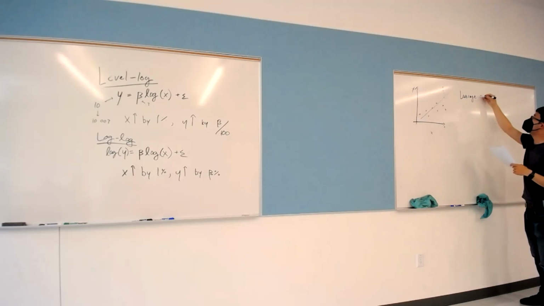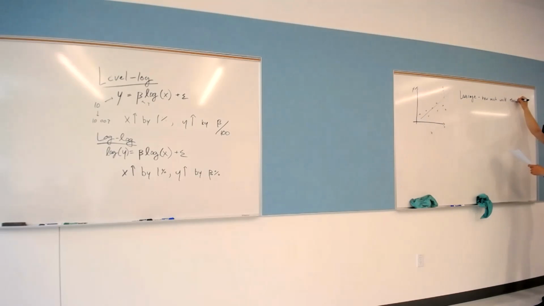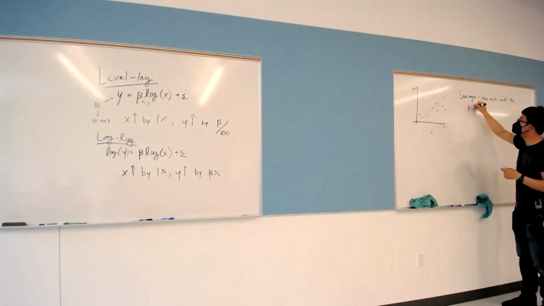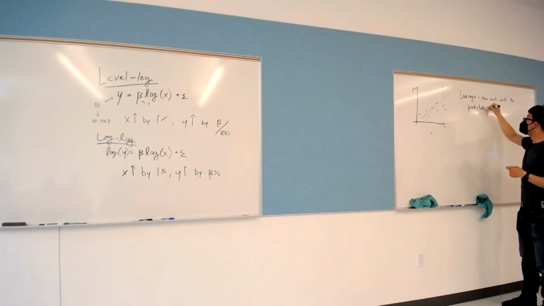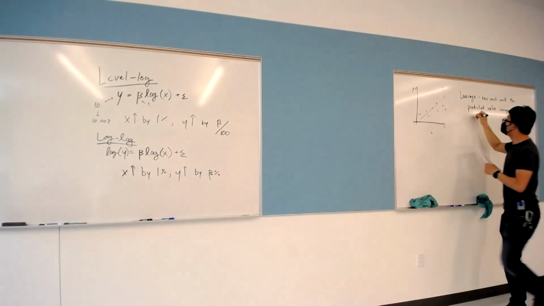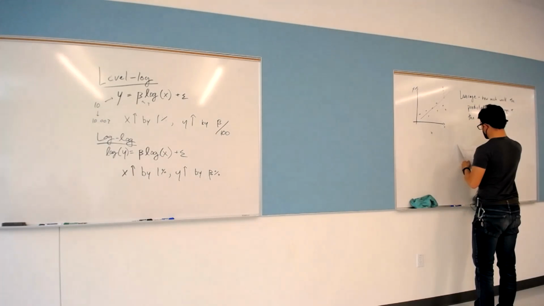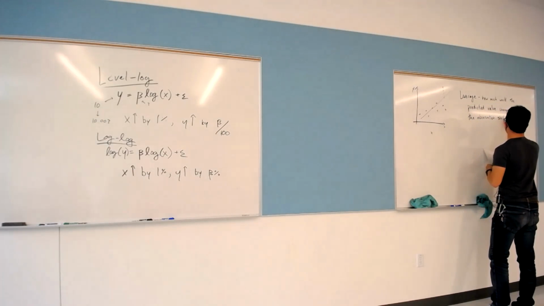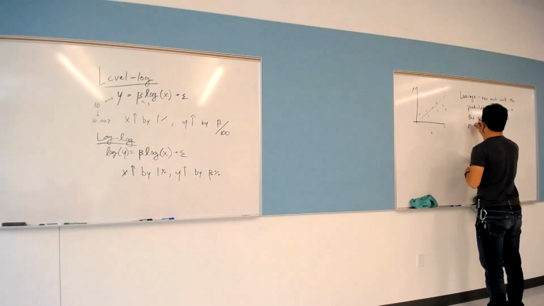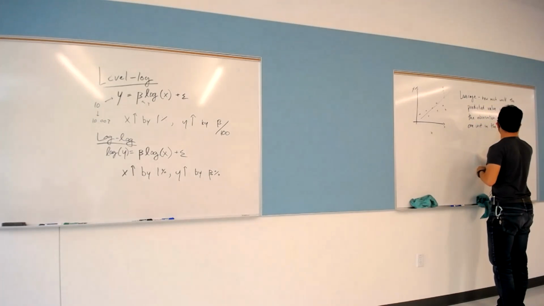Okay. So the idea here is, how much would the predicted value change if the observation shifted 1 unit in the y direction?